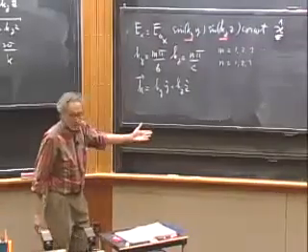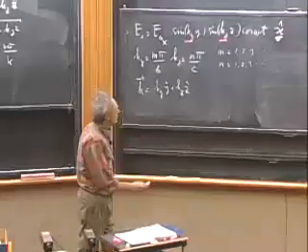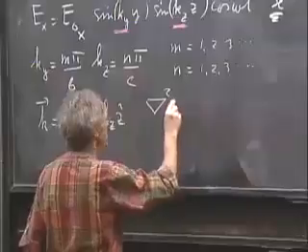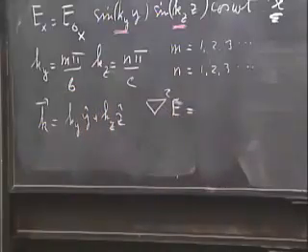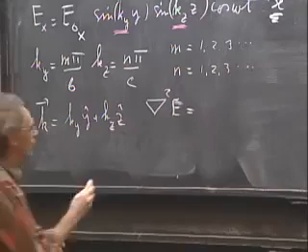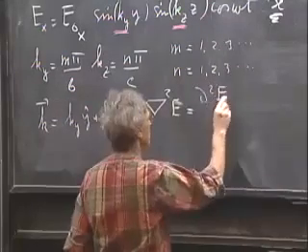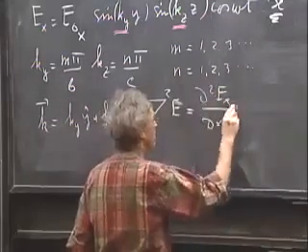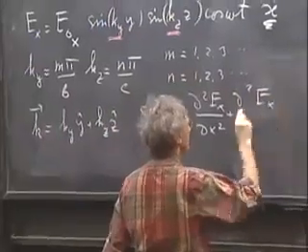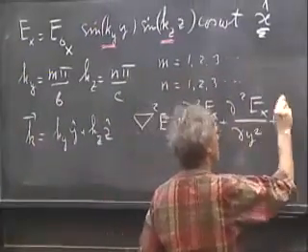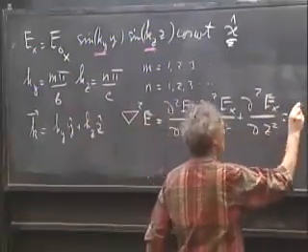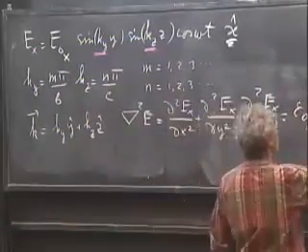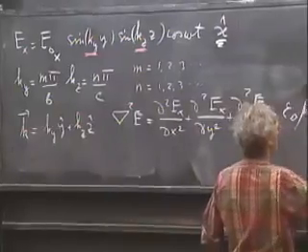The wave equation, del squared E, if I apply the wave equation now only to the x component, of course we should also apply it to the y and the z component, I only do it now to the x component, then we get d2 ex dx squared plus d2 ex dy squared plus d2 ex dz squared equals epsilon 0 mu 0 times d2 ex dt squared.